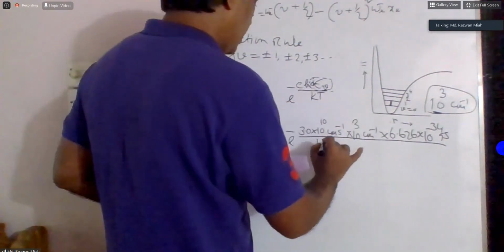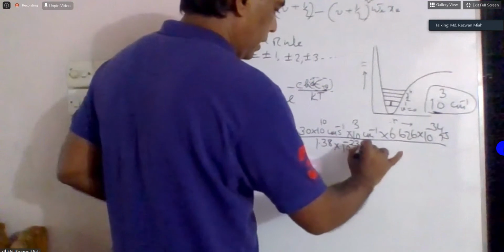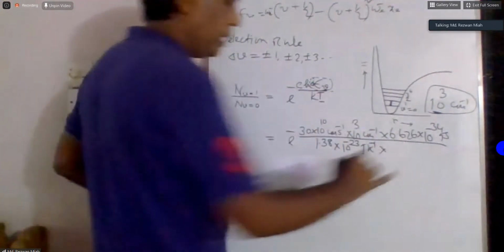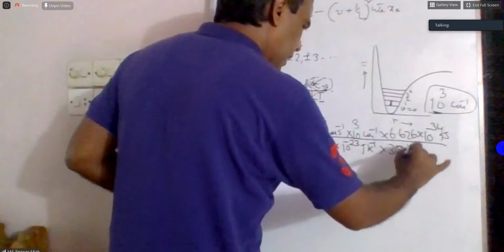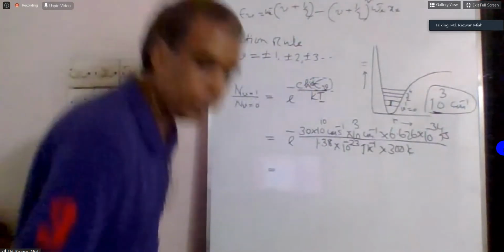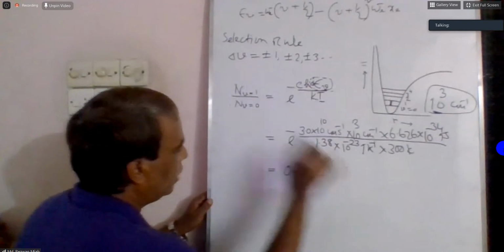K is the Boltzmann constant, 1.38 times 10 to the power minus 23 joule per Kelvin, and at room temperature, say 300 Kelvin, if you calculate this value, you will get 0.008.